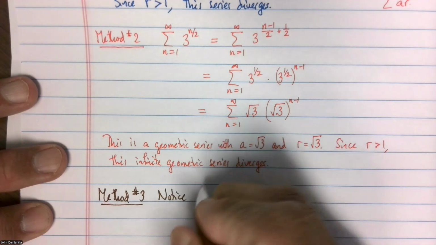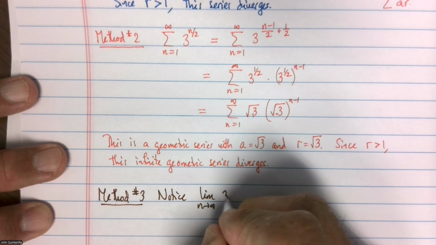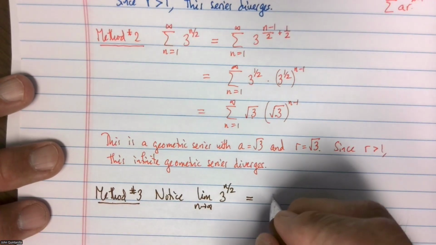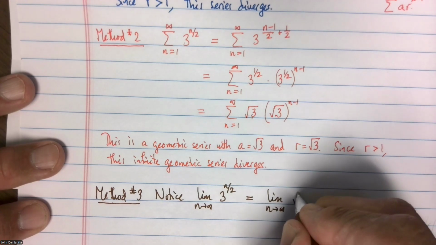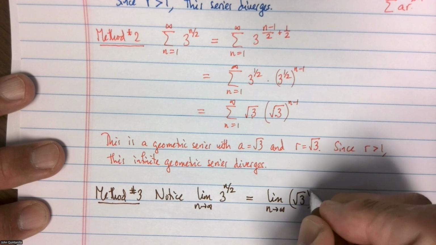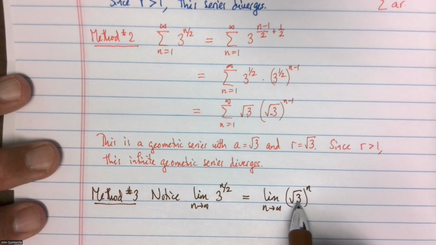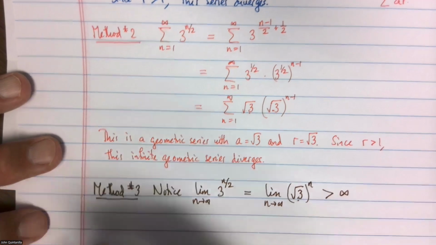Notice if I take the limit as n goes to infinity of 3 to the n over 2, that's the limit as n goes to infinity of square root of 3, that is 3 to the 1/2, to the n. Here I have a number that is bigger than 1. If I have a positive number that's bigger than 1 to the n, this diverges, that is infinity.